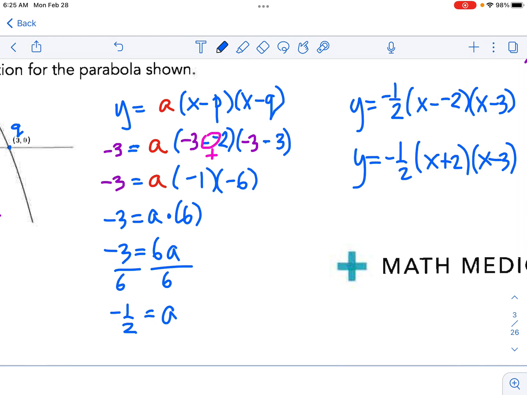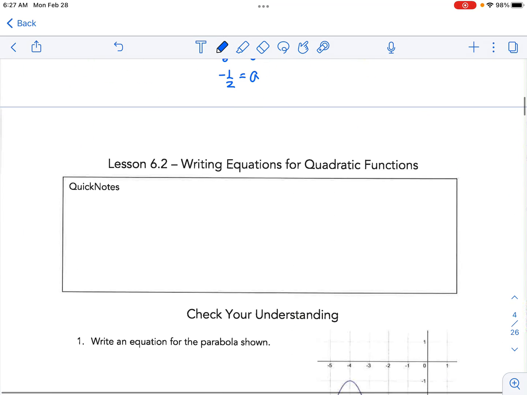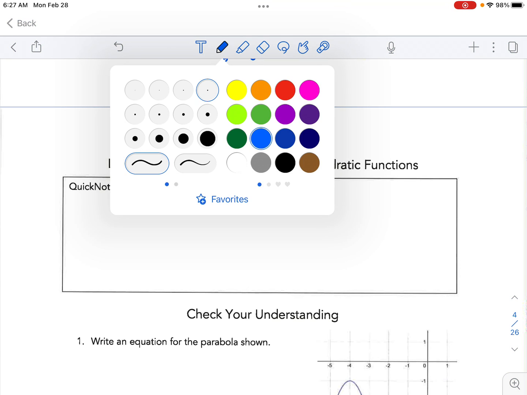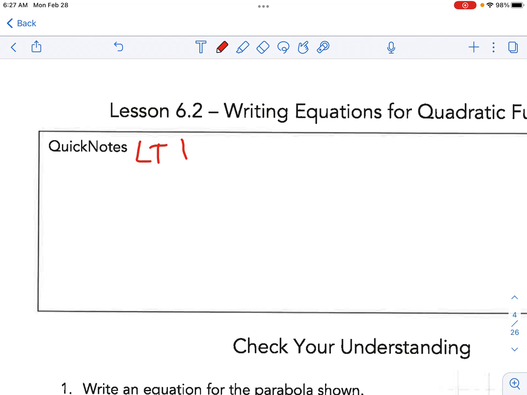for that parabola. So looking at the skill work, this is pretty intensive in the algebra category for our learning targets, we're really looking at our strategies for writing quadratics.